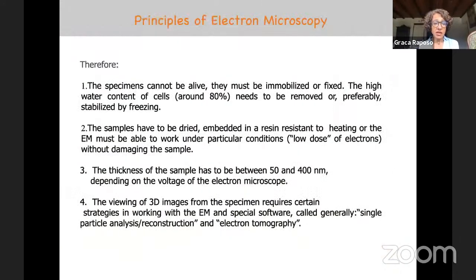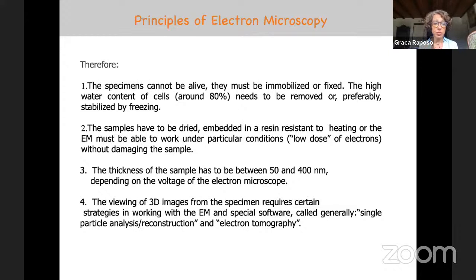So importantly, in principle, the specimens, as you know, cannot be alive. So it's very nice to have, at the cellular level, using optical microscopy, the idea of the dynamics of organelles. Here the specimens are fixed, they are immobilized.